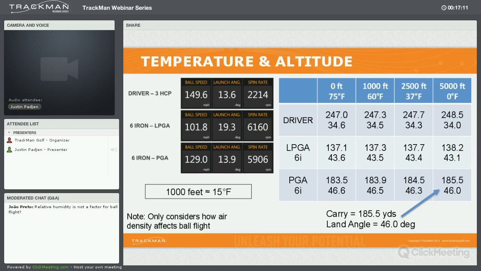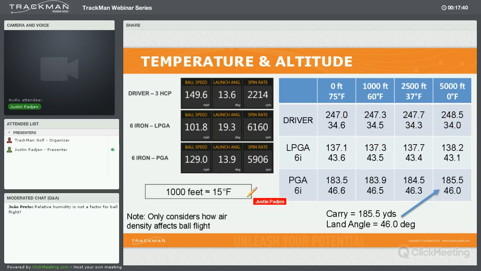Now if we look at a combination of temperature and altitude, we're changing both at the same time. What I've done here is increase the altitude by 1,000 feet, then up to 2,500 and 5,000, but then I've found the temperature, decreasing the temperature so that basically the numbers don't change.